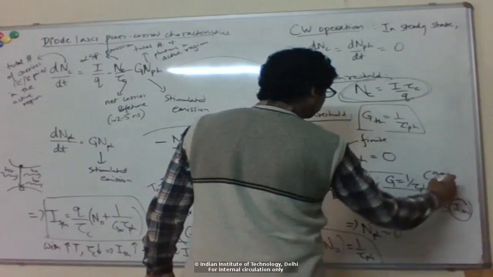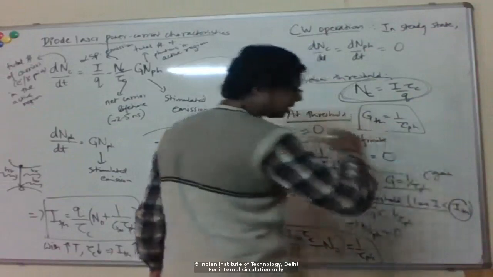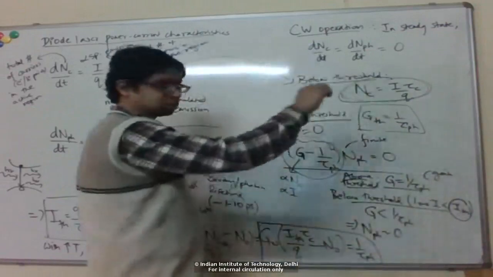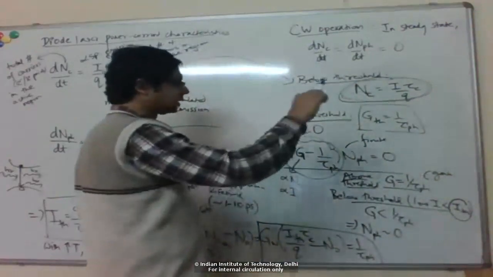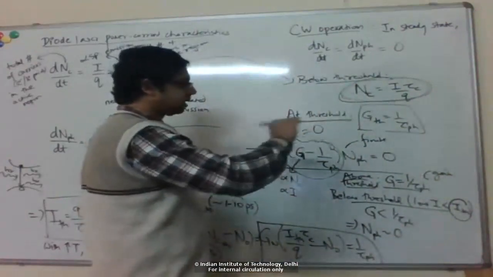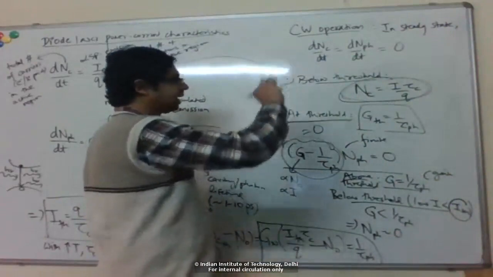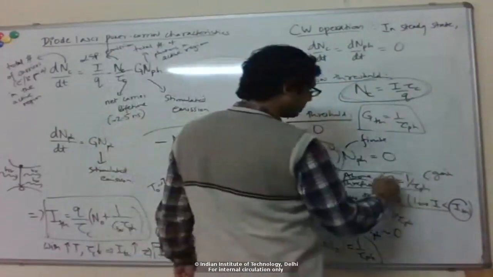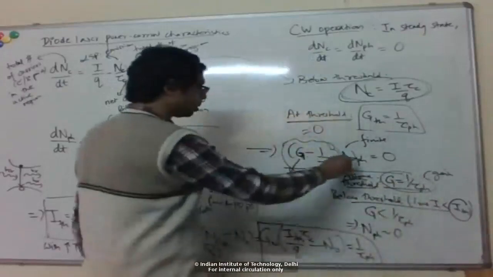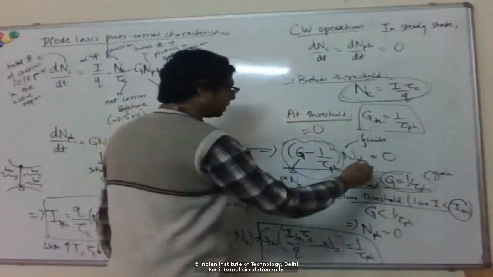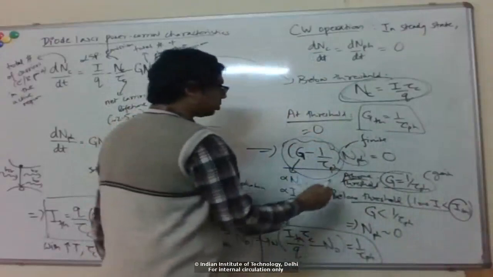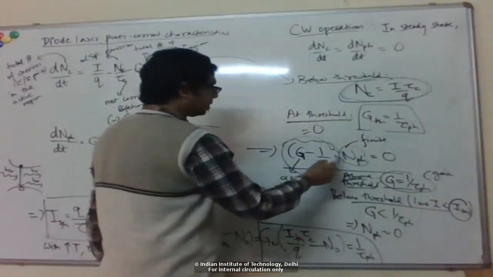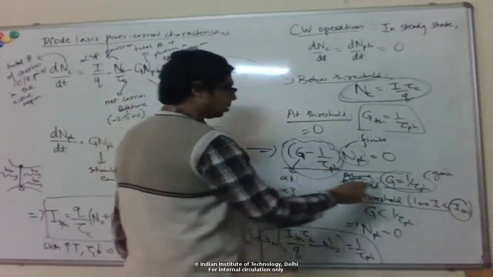This is what we also discussed briefly last time with the gain profiles and loss profiles. We said that for the neighboring modes, once you increase the gain, the gain gets clamped; it cannot exceed the loss. That's what you can see from the equation here. For n photon to become finite, this quantity has to remain 0.